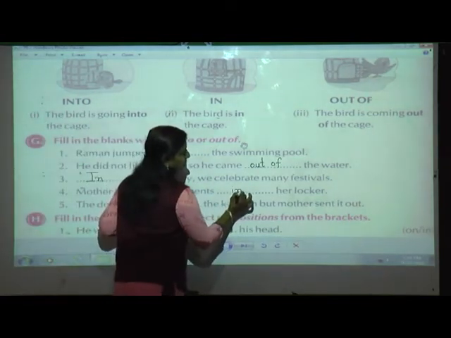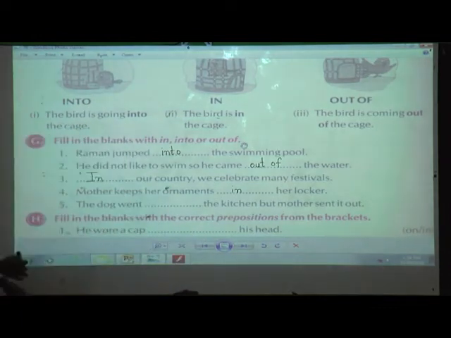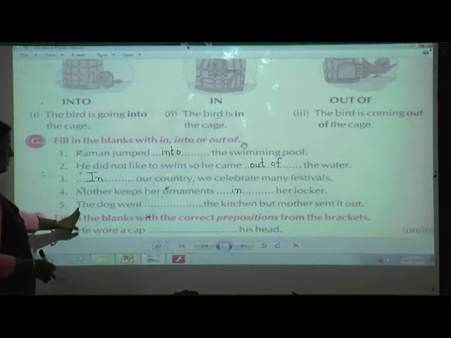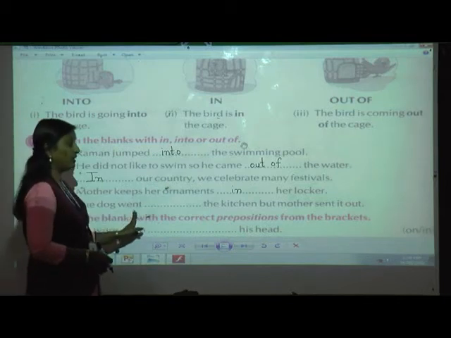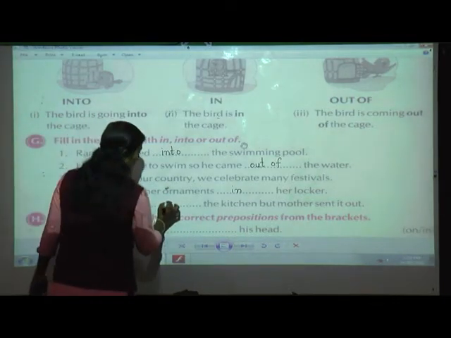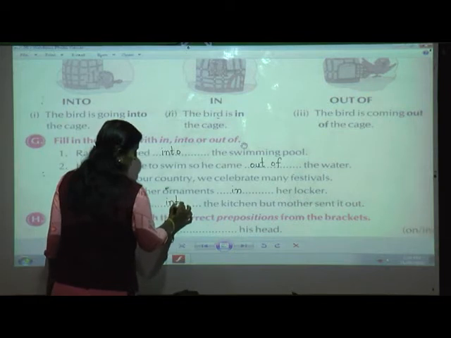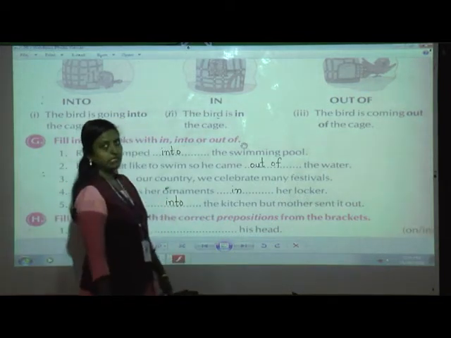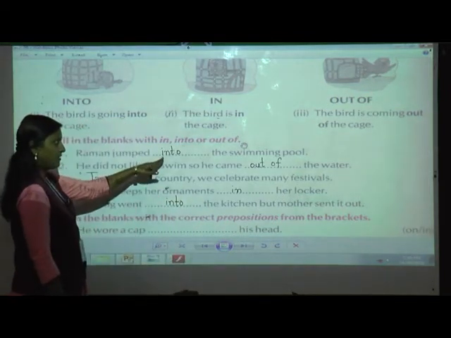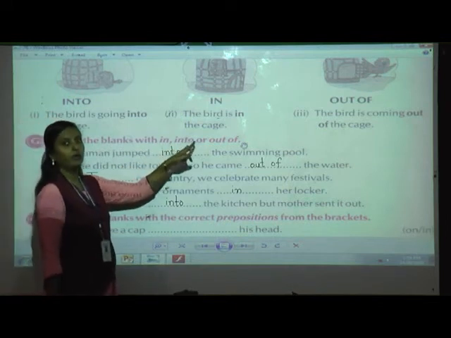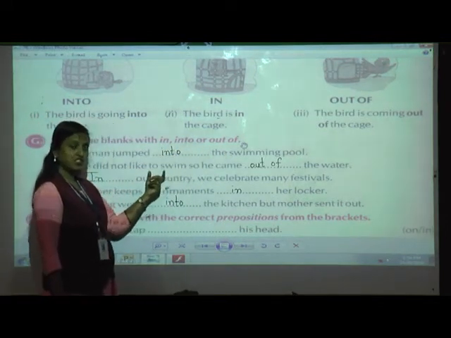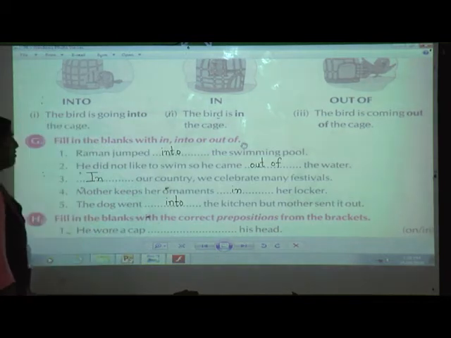So, in her locker. The dog went dash the kitchen, but mother sent it out. Where did the dog go? Yes, into the kitchen, but mother sent it out. And in this way we have seen how in, into and out of are used in the following sentences of exercise G.